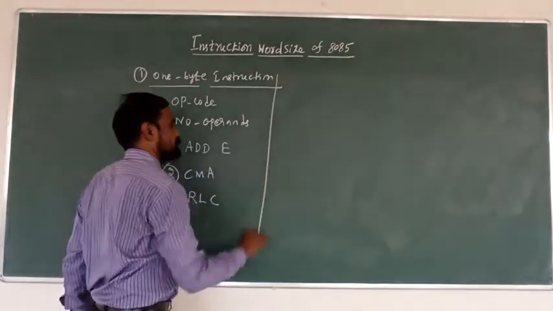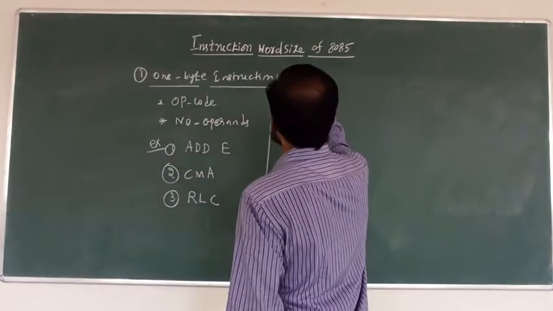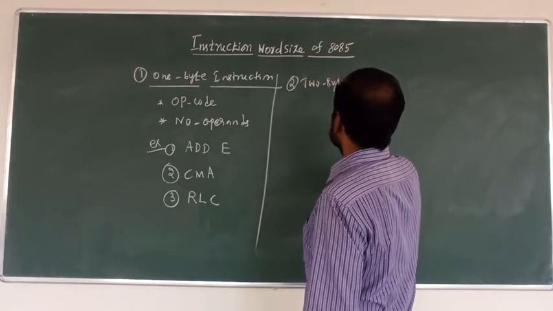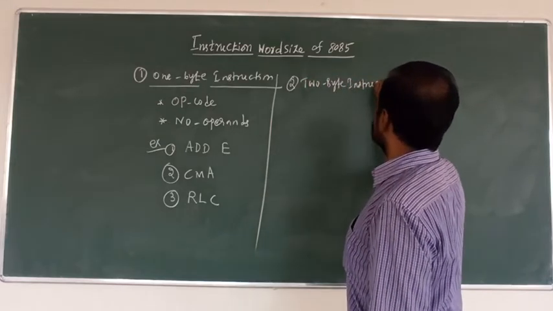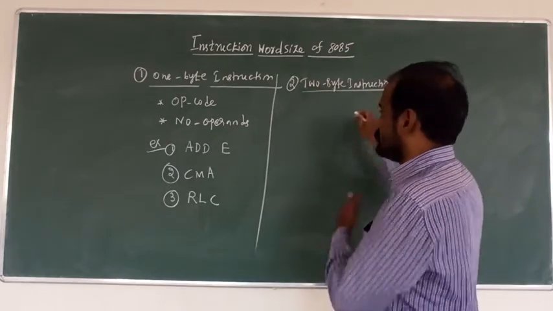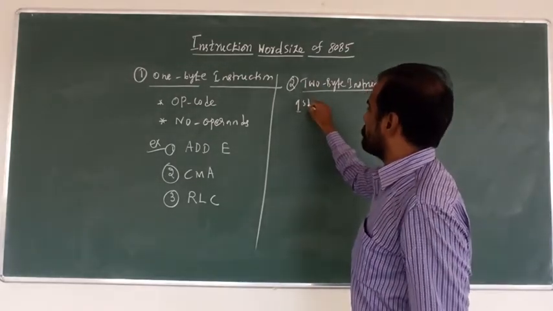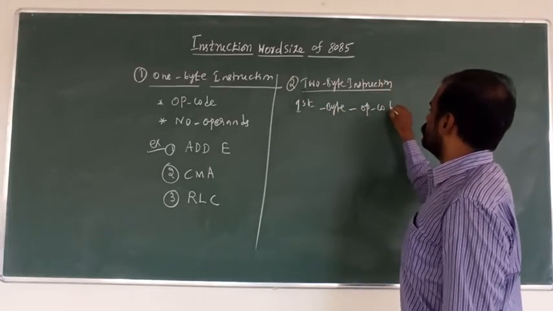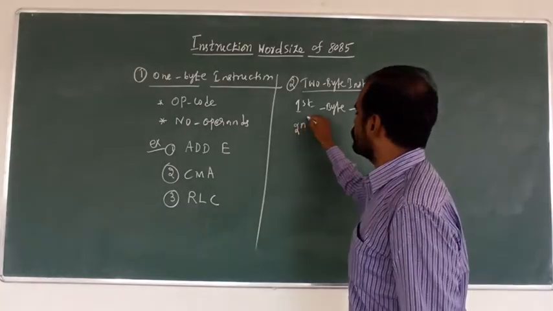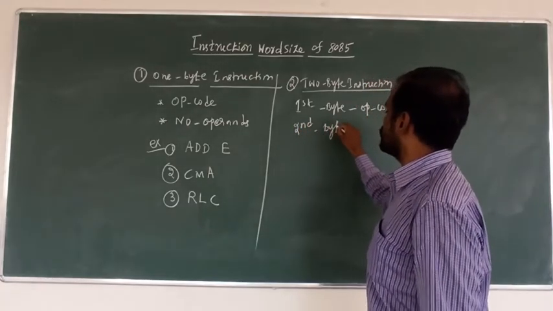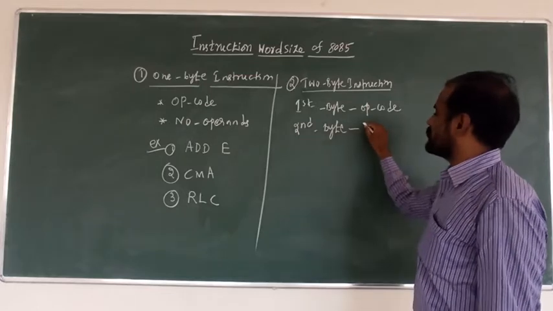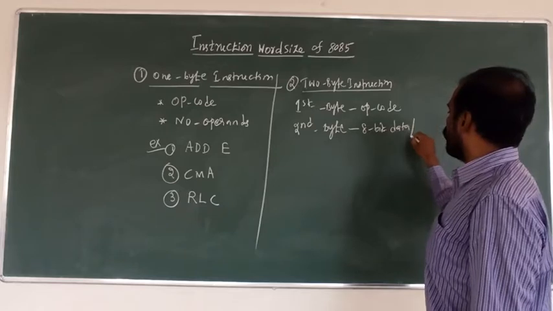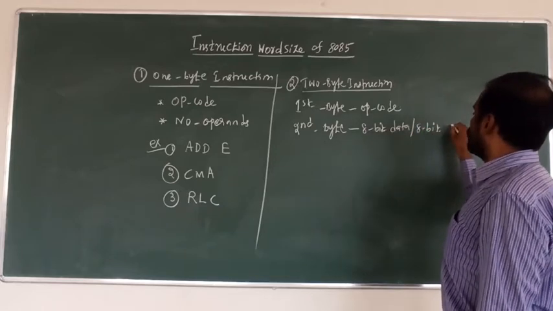Second one, 2 byte instruction. Here the first byte is the opcode and the second byte represents 8-bit data or 8-bit address.